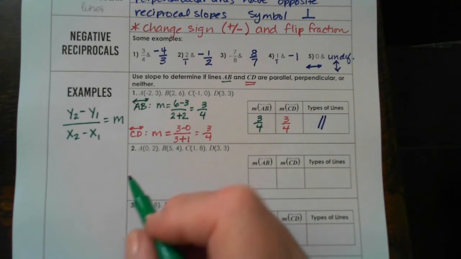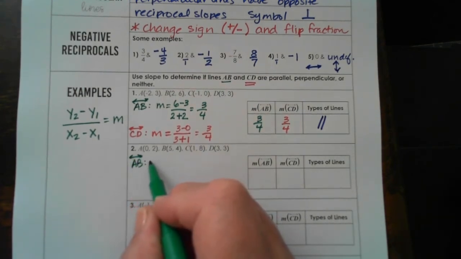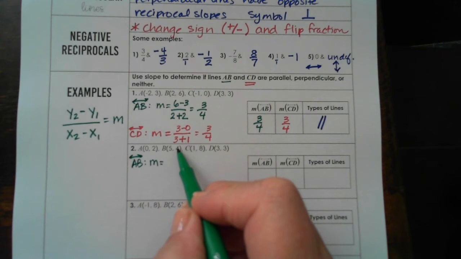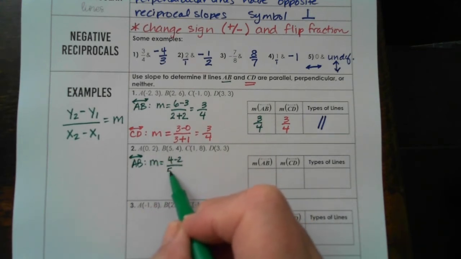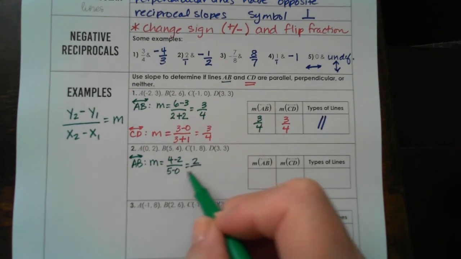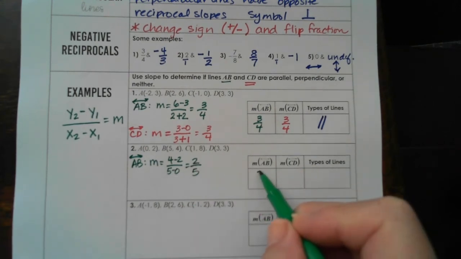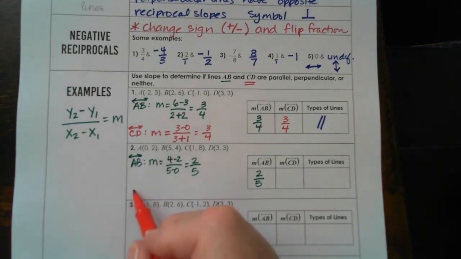The next problem, for AB, that line has the slope equal to 4 minus 2 over 5 minus 0. 4 minus 2 happens to be 2. 5 minus 0 is just 5, so we have the slope of 2/5. We're going to find the slope of CD.